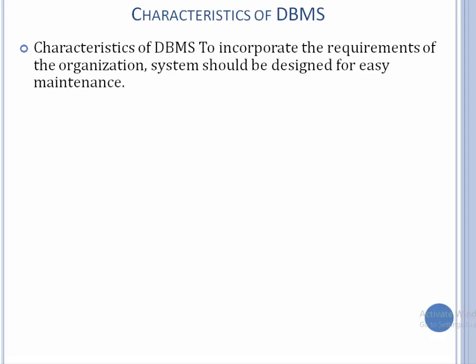So this is called what? Redundancy. When the same information is stored multiple times, that is called redundancy. This is a main disadvantage of the file system. That's why the DBMS provides an easy technique to minimize the redundancy in the database.